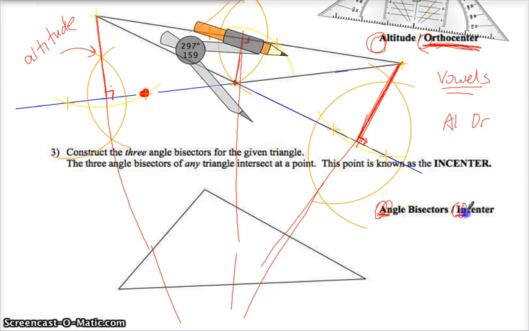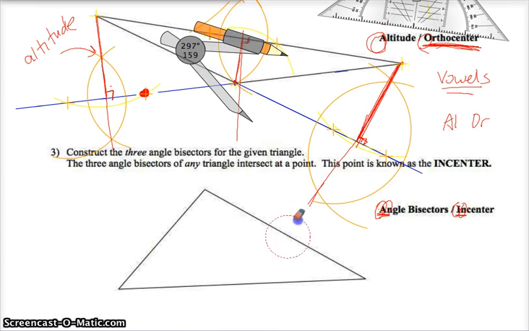The other vowel, which is an altitude, matches with the other vowel, which is an orthocenter, the O, but their second letters don't match. So our third construction is to do the angle bisector for every single angle.